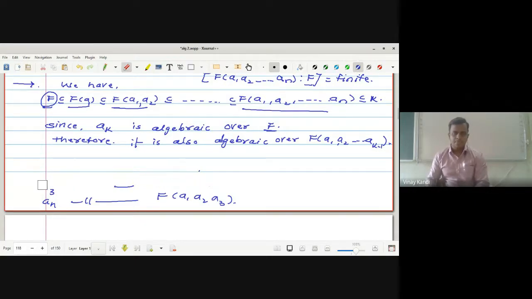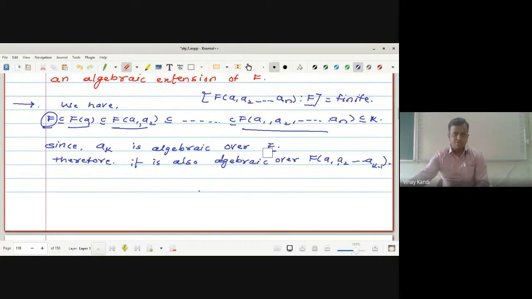F is contained in F of A1, and F of A1 is contained in F of A1, A2. F of A1, A2 is contained in F of A1, A2, A3. So A3 is algebraic over F of A1, A2, the previous field.